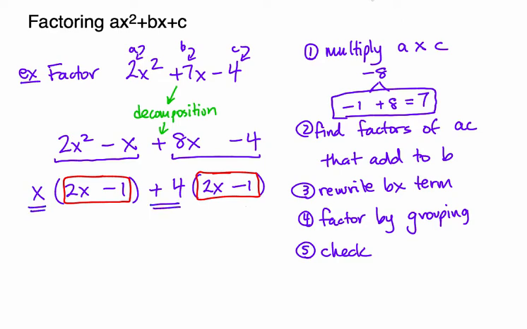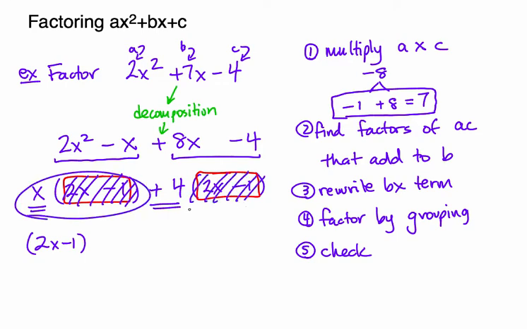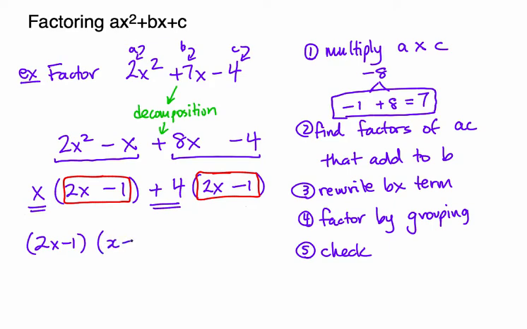So what I essentially do is factor out the 2x minus 1. If I take 2x minus 1 out of this piece of algebra, and I take 2x minus 1 out of this piece of algebra, I'm left with the x plus 4 that I've double underlined. And I have factored 2x squared plus 7x minus 4 into 2x minus 1 and x plus 4.